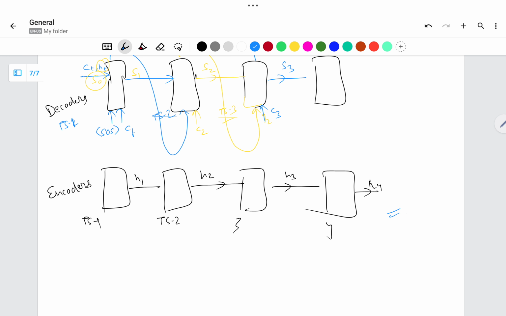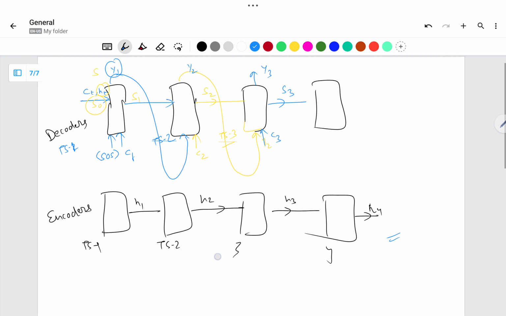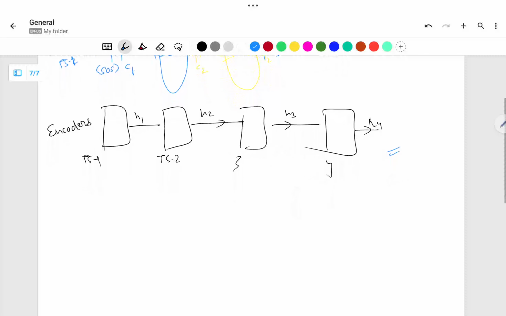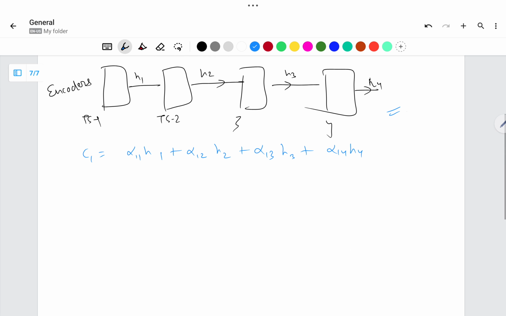So we can see at every time step in a decoder block, we are passing C1, C2, C3. These are the attention inputs. So C1 would look something like this. This is how C1 would look. C2 would look like this.